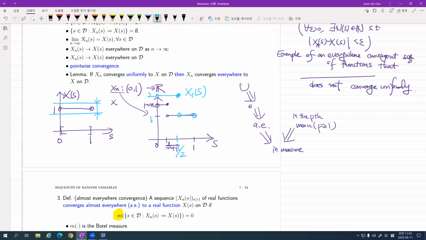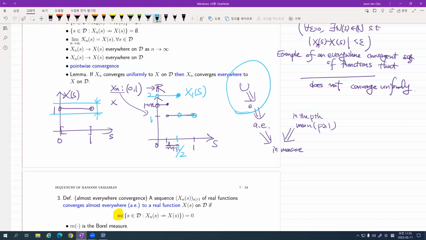They are different, but which one is stronger? You can just see that if a sequence uniformly converges, then it converges everywhere on the domain. So uniform convergence on the domain implies everywhere convergence on the domain.